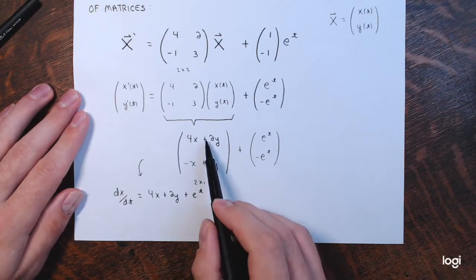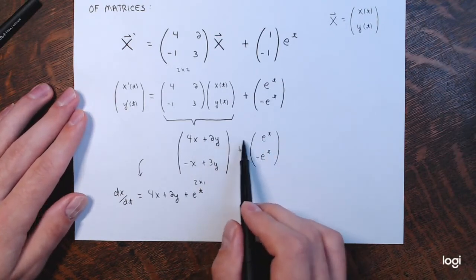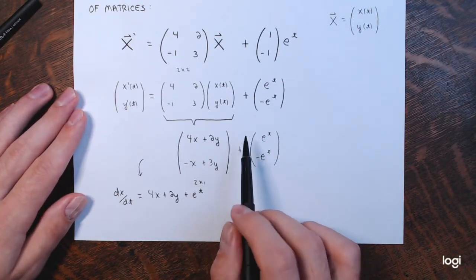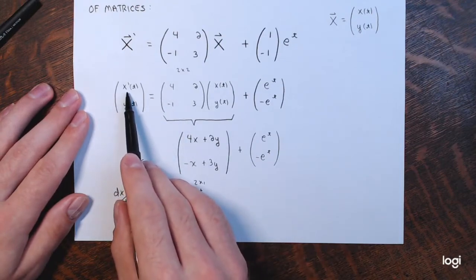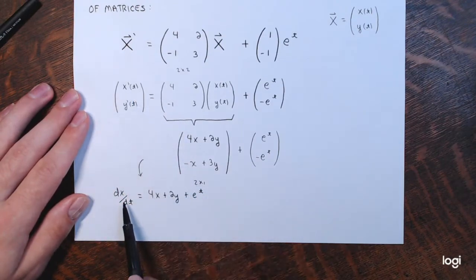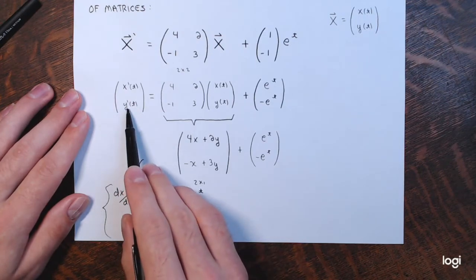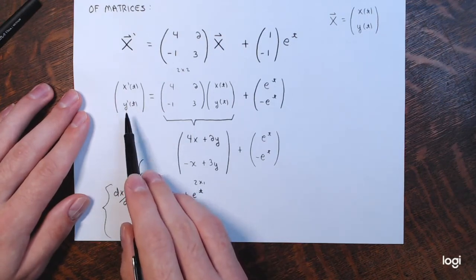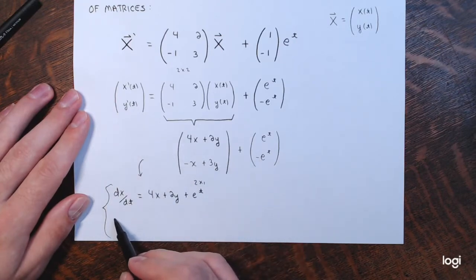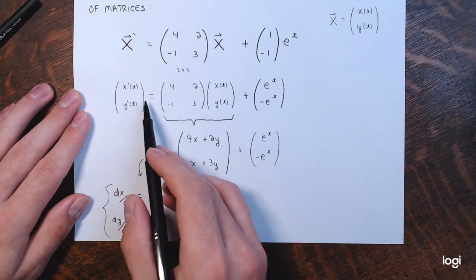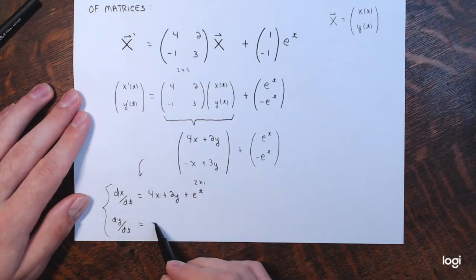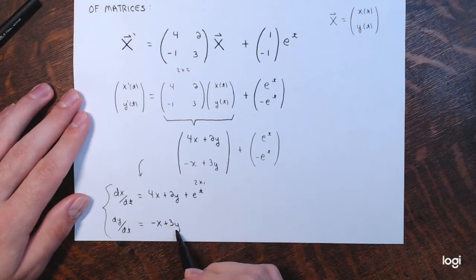The first row, first column component of the right side must be equal to the first row, first column component of the left side. And that's what this equation states. And then the second row, first column components must be equal as well. So I have dy dt, or y prime, equals negative x plus 3y plus minus e to the t.